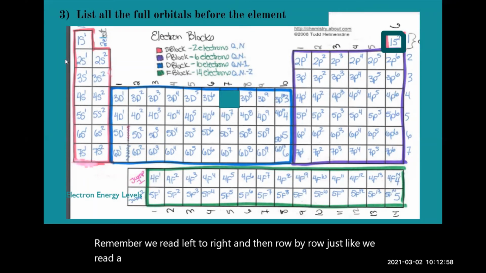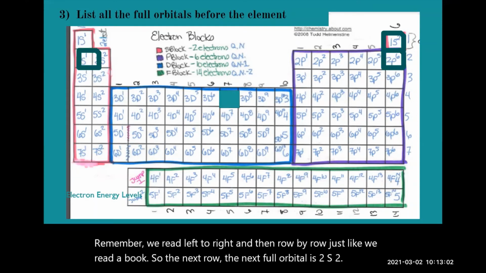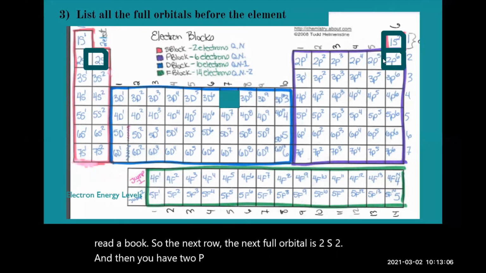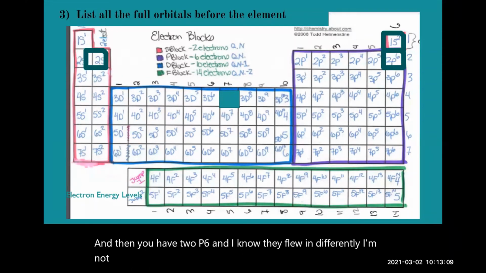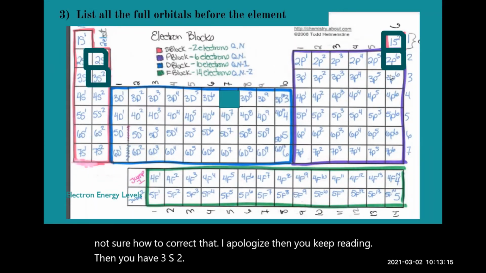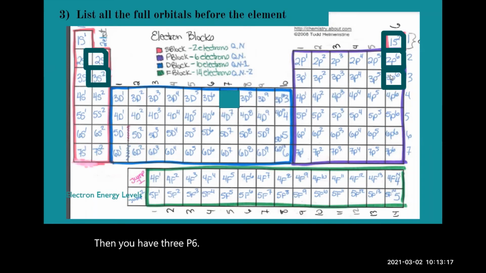So the next full orbital is 2s2. And then you have 2p6. I know they flew in differently. I'm not sure how to correct that. I apologize. Then you keep reading. Then you have 3s2. Then you have 3p6. Then you have 4s2.